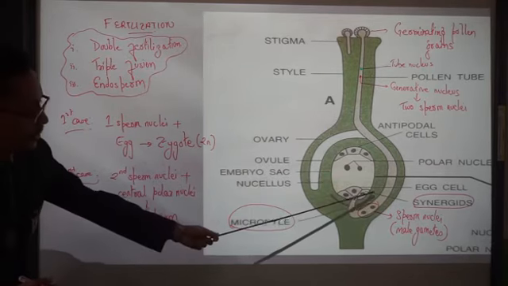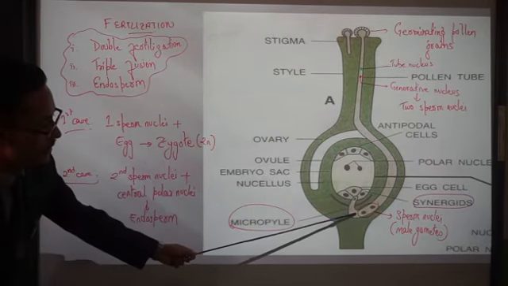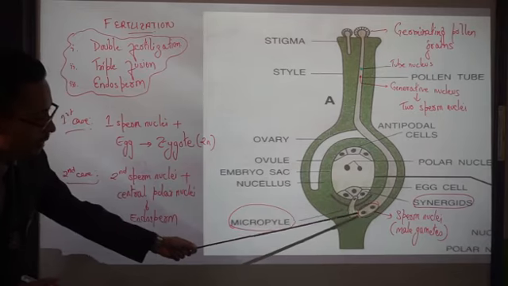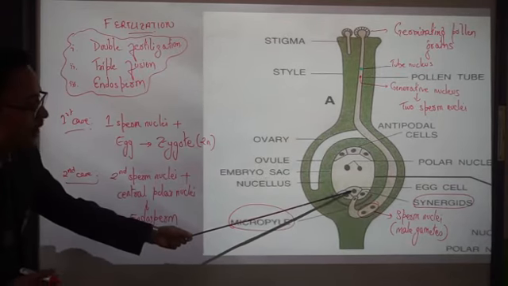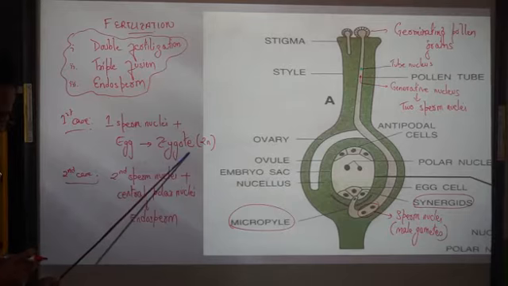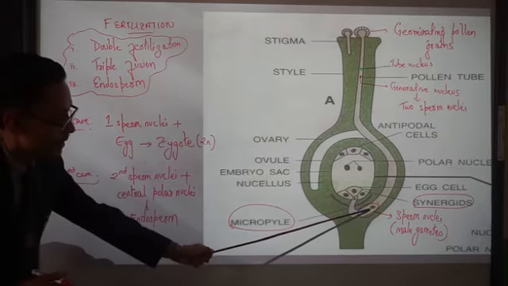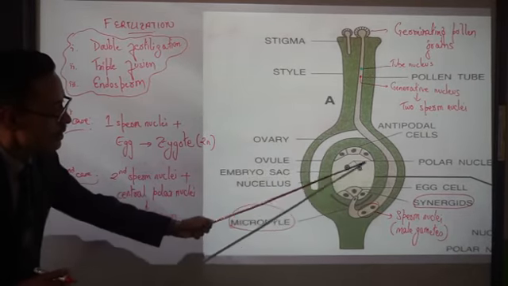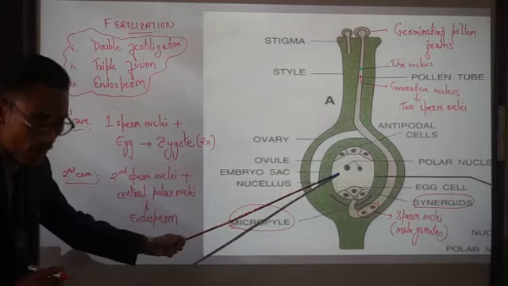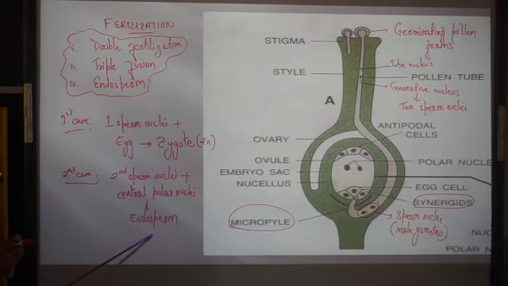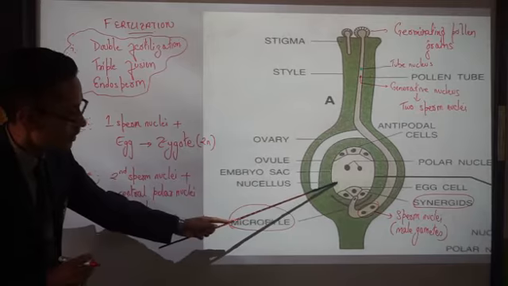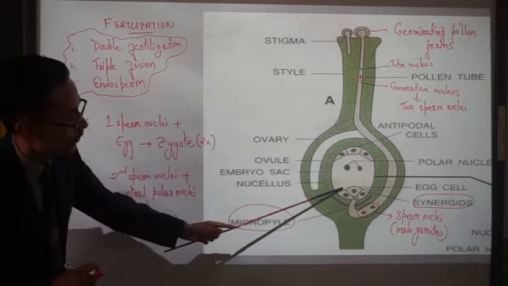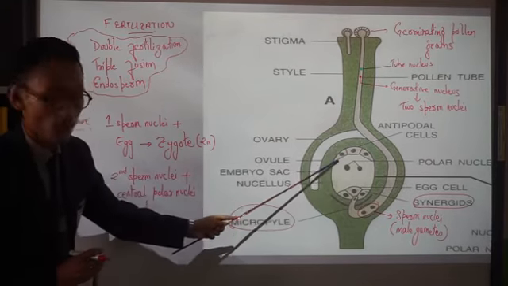One more time. Inside the pollen tube, we are finding two male gametes, or the two sperm nuclei. One of the male gametes will go and fuse with the egg. It will lead to the formation of a zygote. And the second male gamete will go and fuse with the central polar nuclei cell and will lead to the formation of endosperm. Now inside the embryo sac, the fusion of gametes occurs twice.